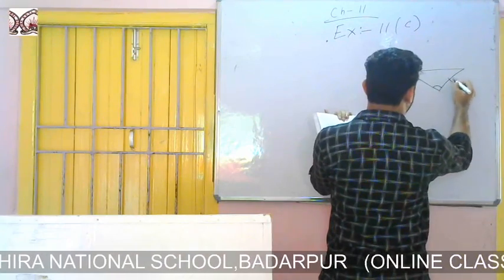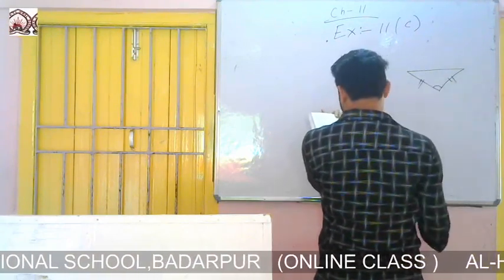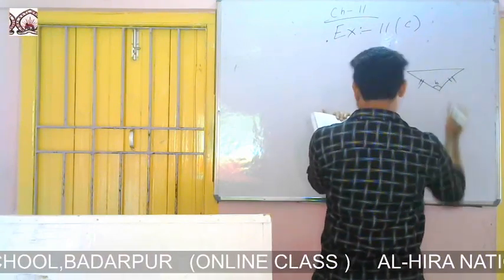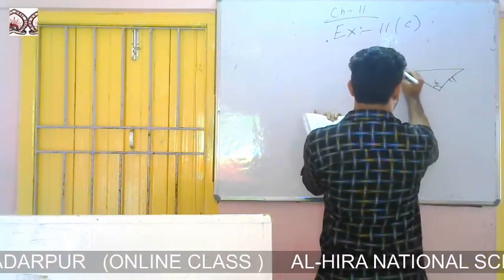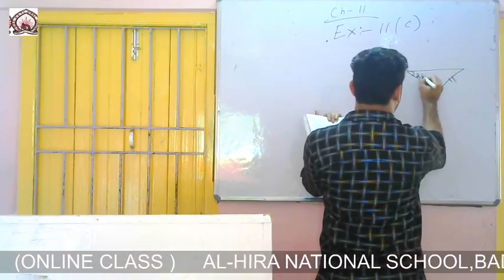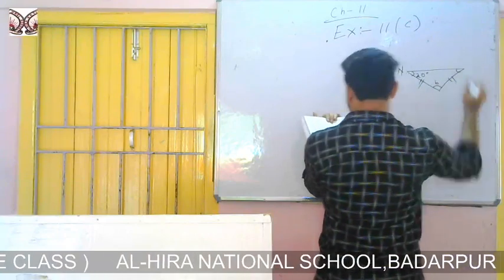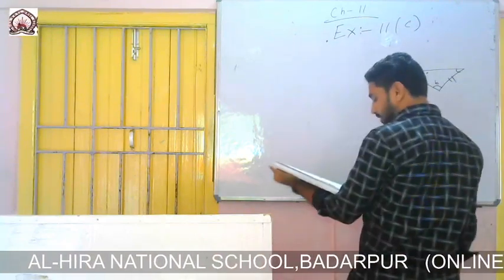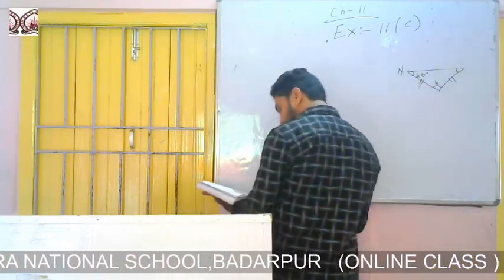It is given in the question, this side and this side are equal, and you have to find this angle, angle B, and the measure of this N is 20 degree.